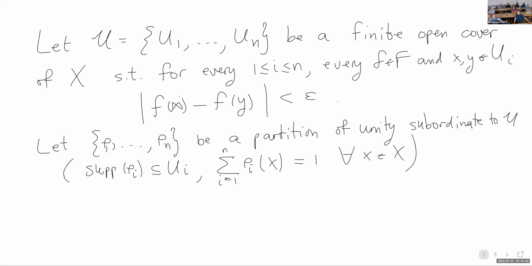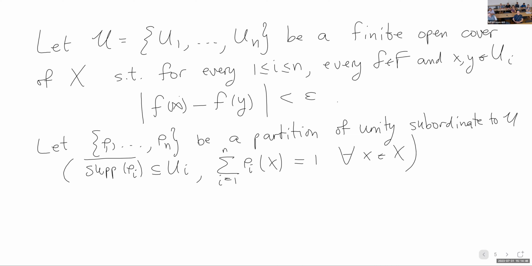Okay, so I should be a bit more careful. I want the closure of these to be contained in Ui. By support, one could mean the open or the closed version. I've heard some other people express strong opinions that it should be the open one by definition, but whatever.